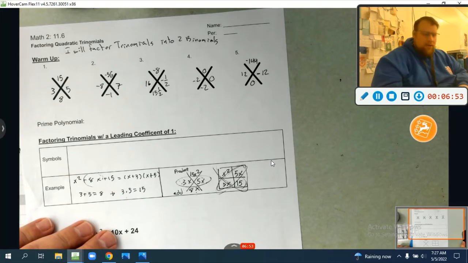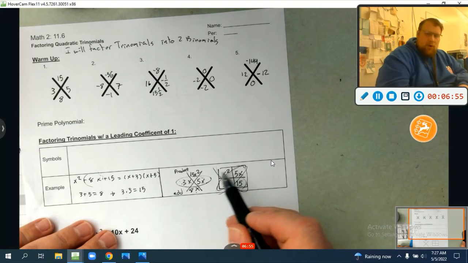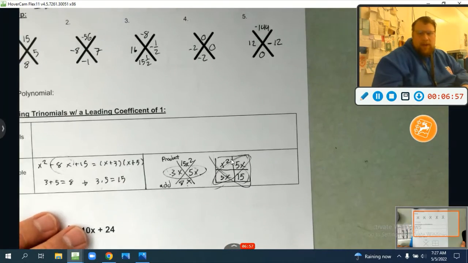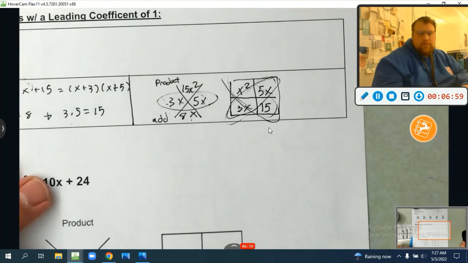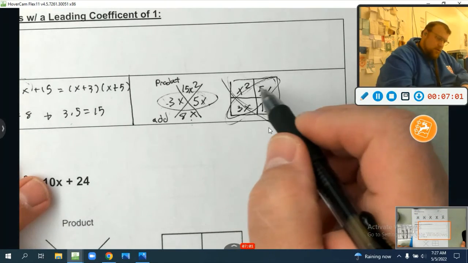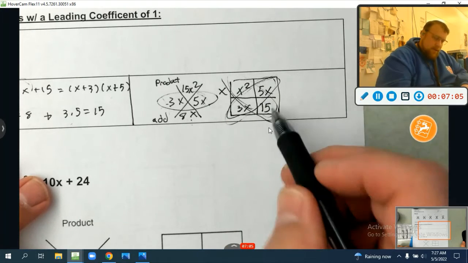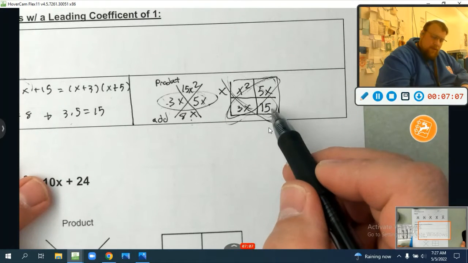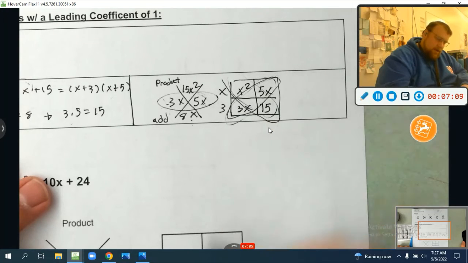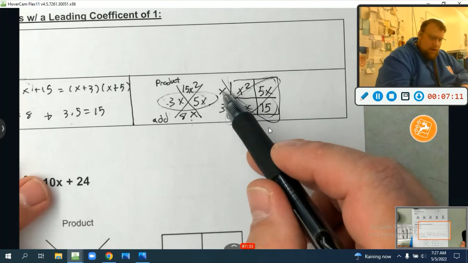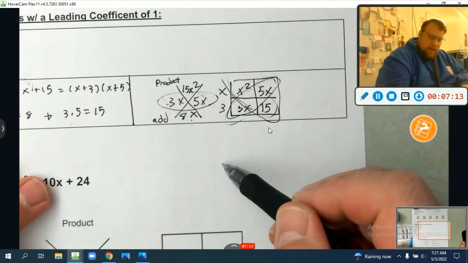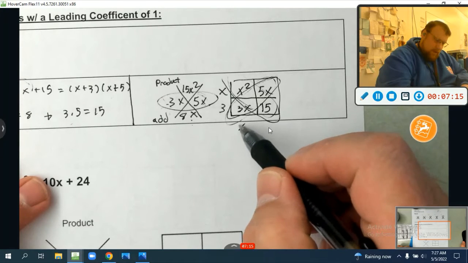Now we're going to factor out. I'm going to look at just this row right here. So let me zoom into that for you. So x squared and 5x, what can I pull out of that? I can pull out an x. How about 3x and 15? What can I pull out? A 3. Now I say, what times x is x squared? x.